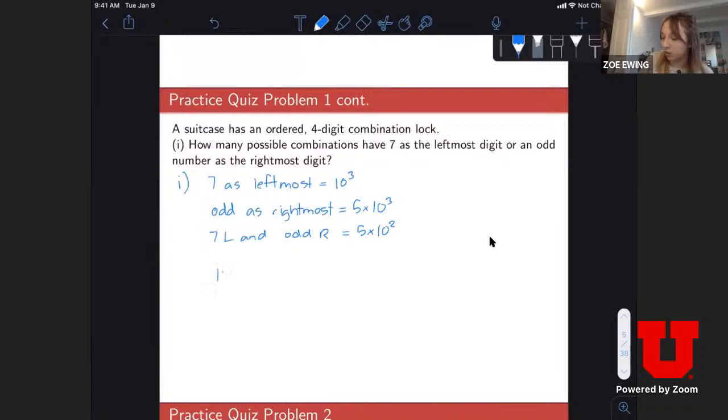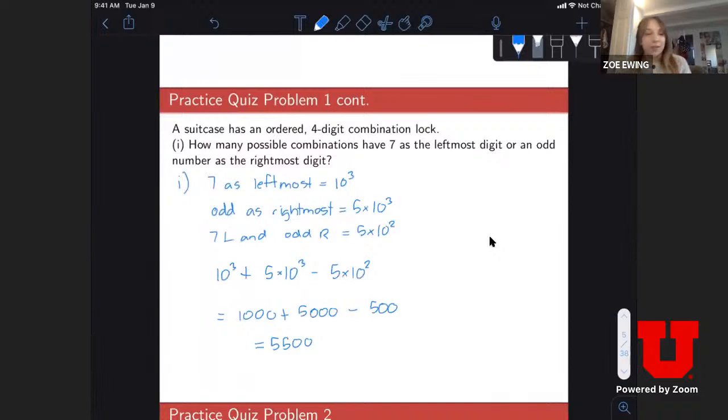So we end up with 10 cubed plus 5 times 10 cubed minus 5 times 10 squared, which is going to be 1,000 plus 5,000 minus 500. And that comes out to 5,500. Okay, does that make sense to everybody how we got there?